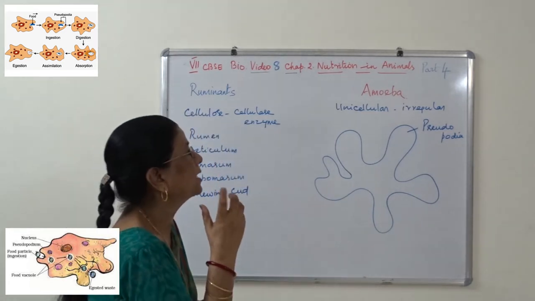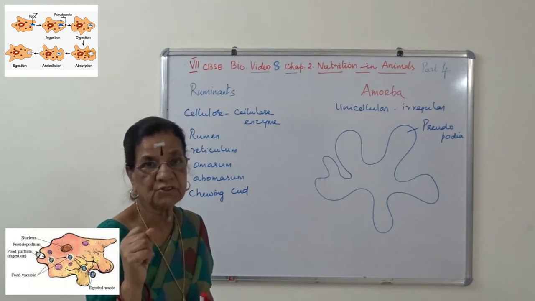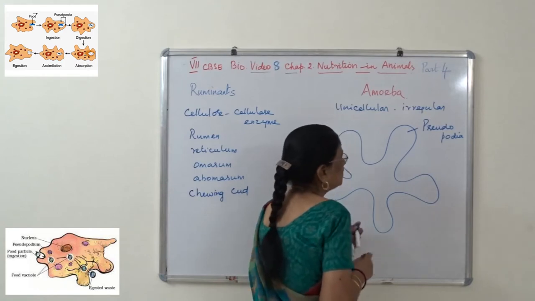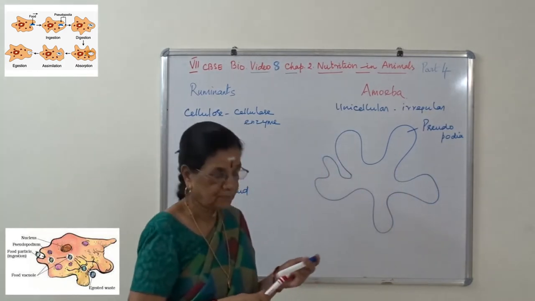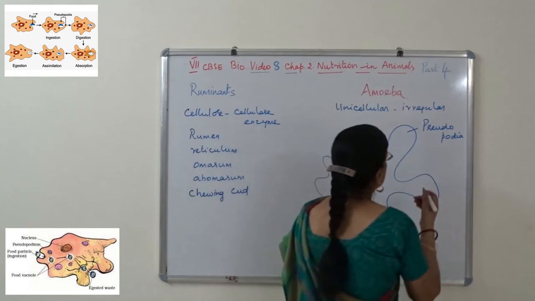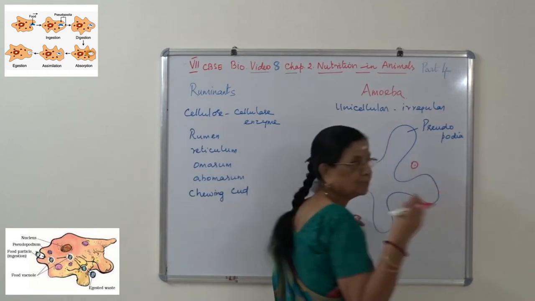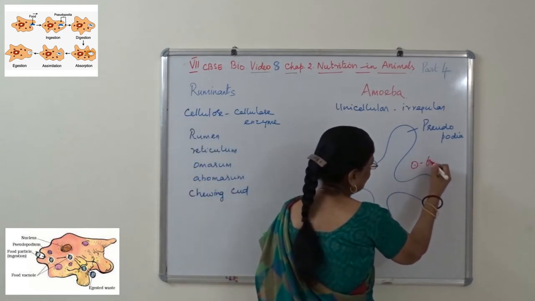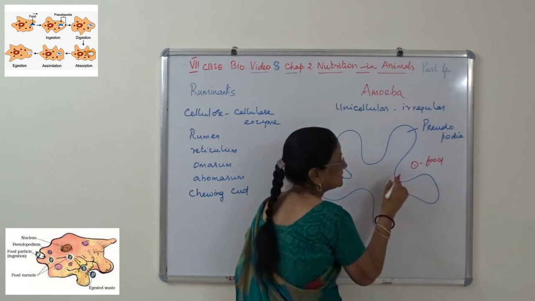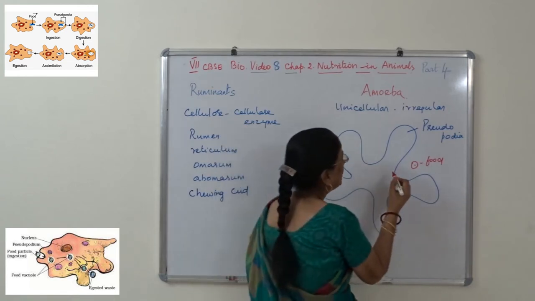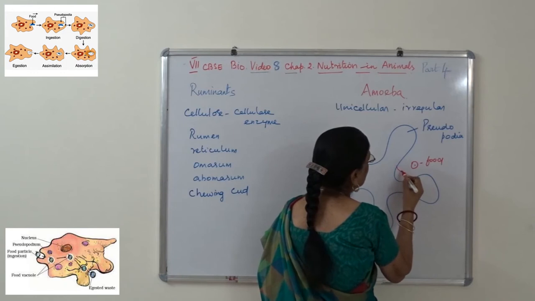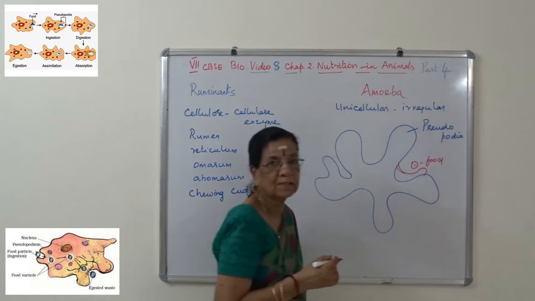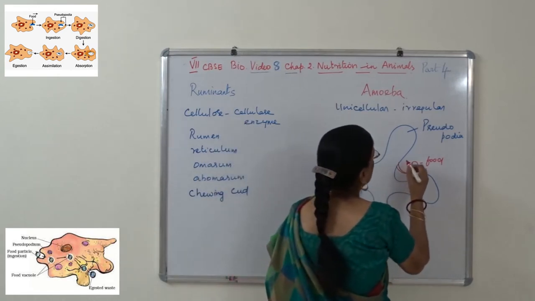Now when the amoeba captures food, first it puts forth its pseudopodia. Suppose it eats food as a whole. So when amoeba finds food here, this is the food. Now this part of the body puts forth this pseudopodia like this. It goes here, right? And then it takes the food in.